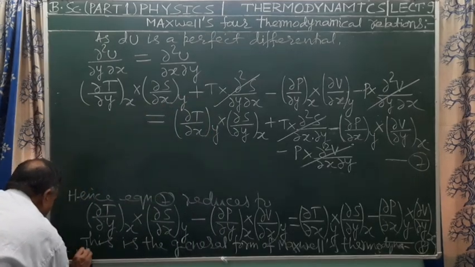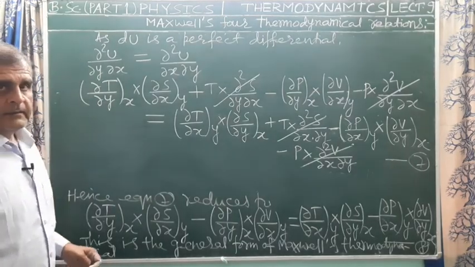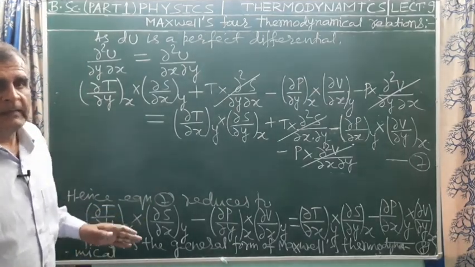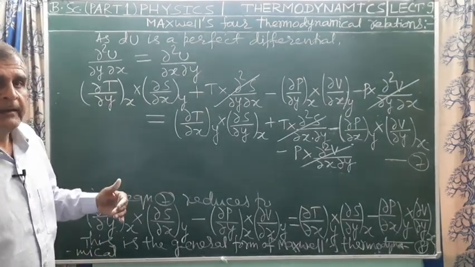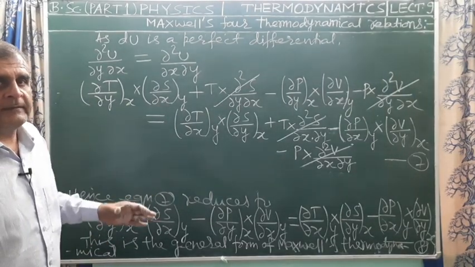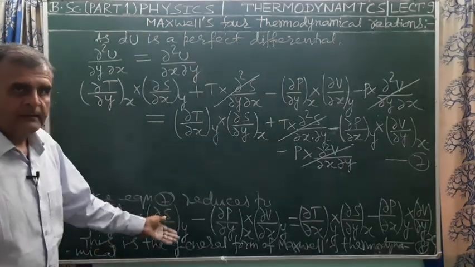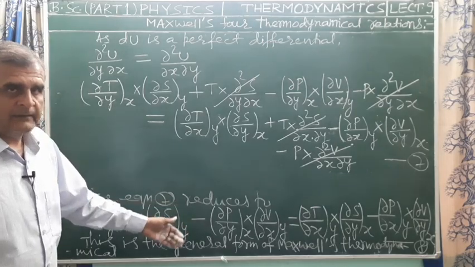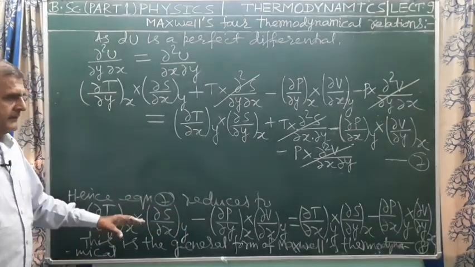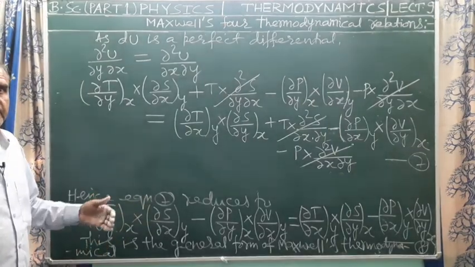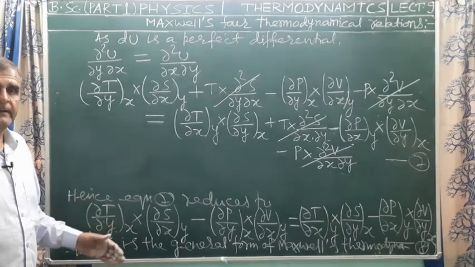We have already obtained the general form, but we have to obtain the 4 Maxwell's thermodynamical relations using this general relation. This relation is the base of all 4 Maxwell's thermodynamical relations.